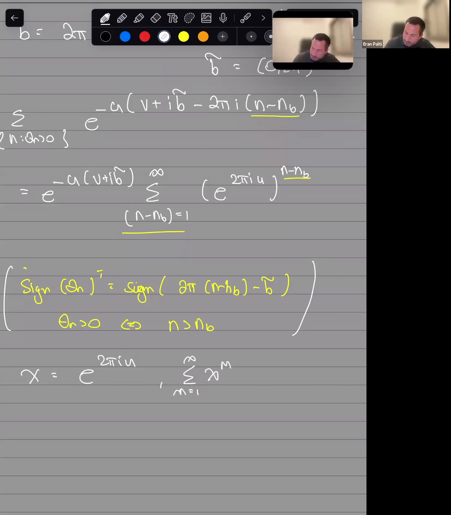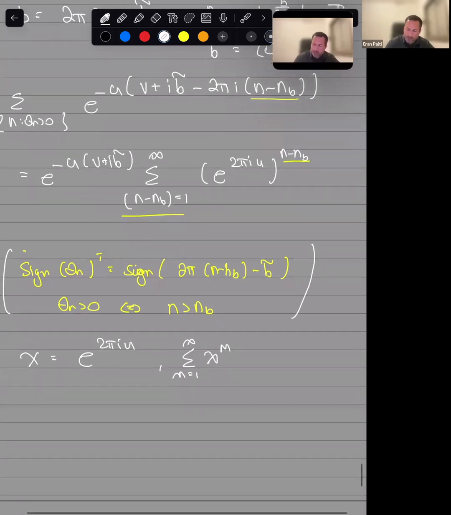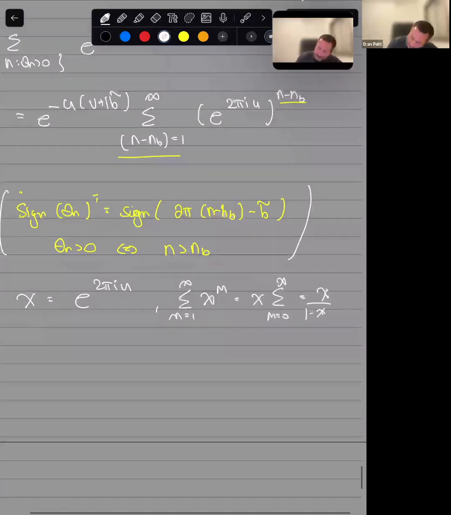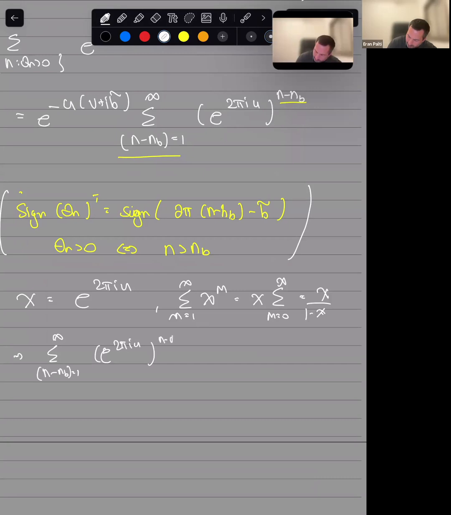Sum over m equals 1, because that's where we start from, n minus nb equals 1, of chi to the m. And this you can write as chi times the sum from m equals 0 to infinity, and that's just equal to chi over 1 minus chi. Therefore, the sum over n minus nb equals 1 to infinity of e to the 2 pi iu (n minus nb) is just this geometric sum.